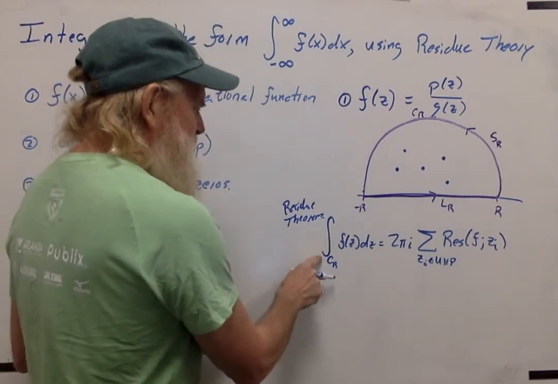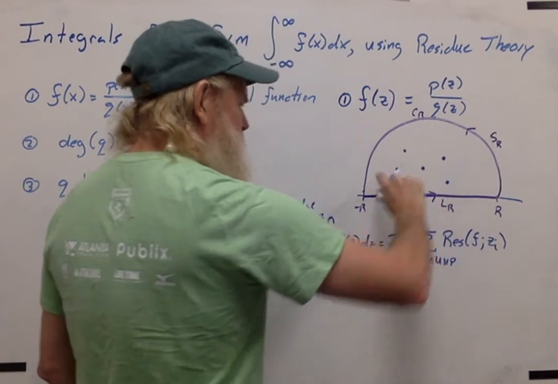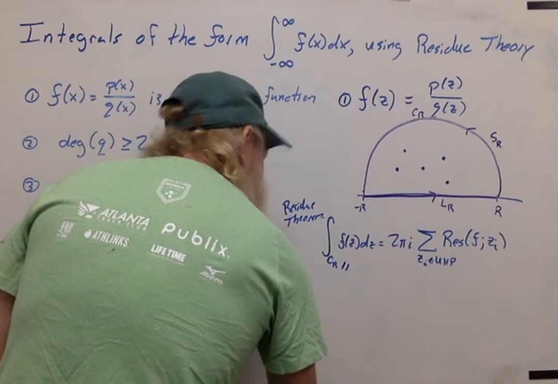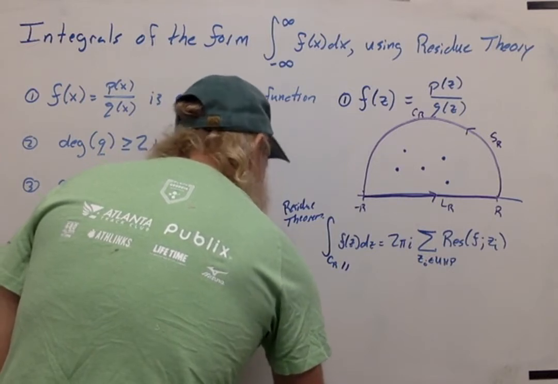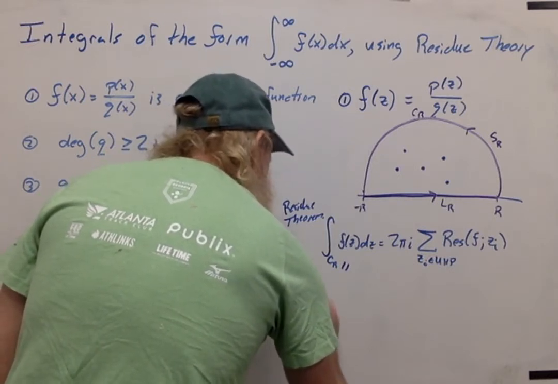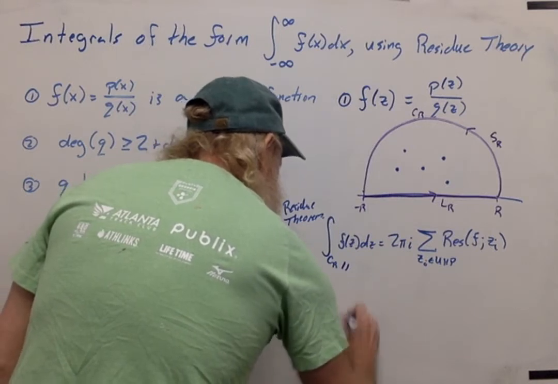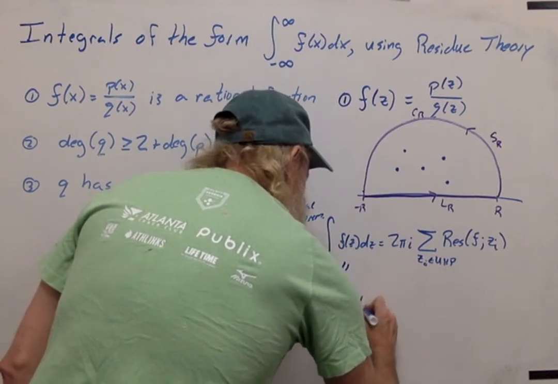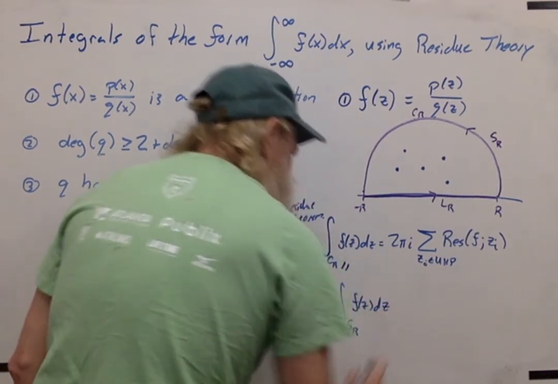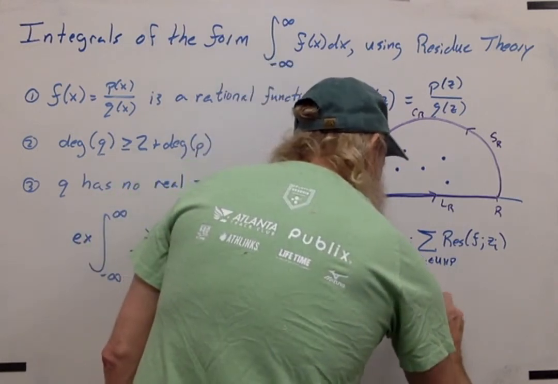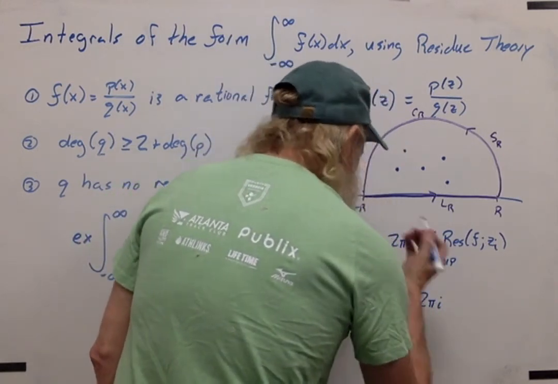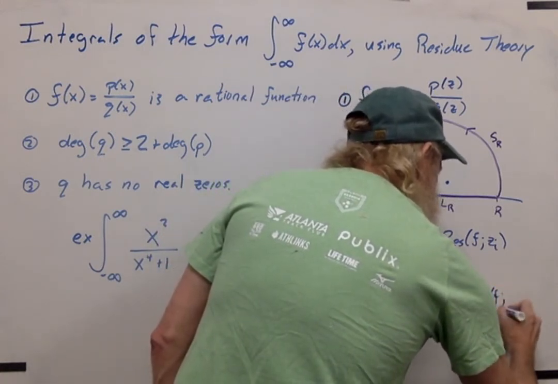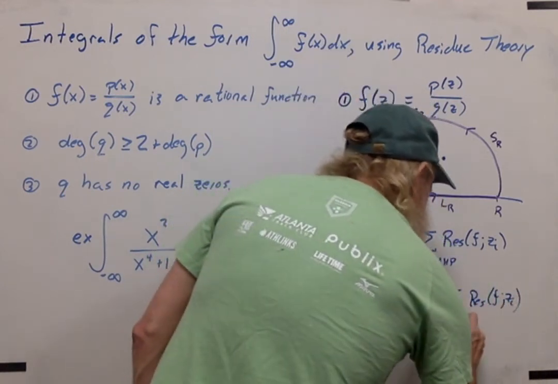So since C sub r is equal to L sub r followed by S sub r, I can write that this side is equal to the integral along L sub r of the function plus the integral along the semicircle of that function. And then by the residue theorem, that's going to equal the sum of the residues of f at z sub i.